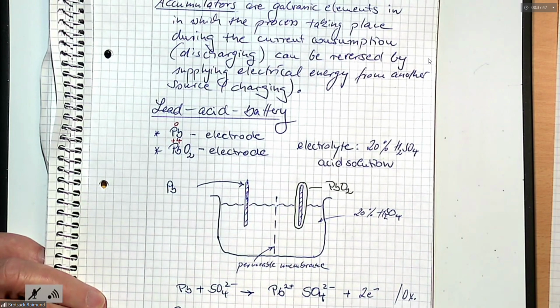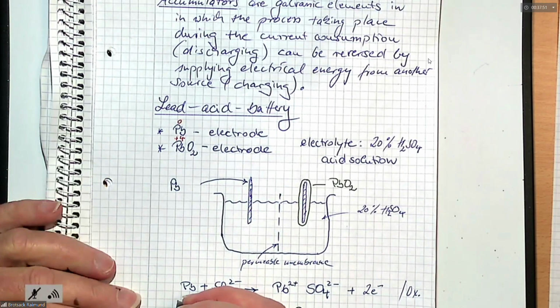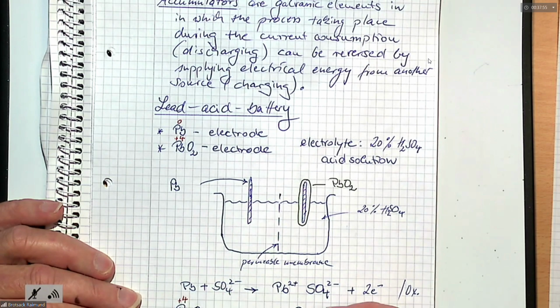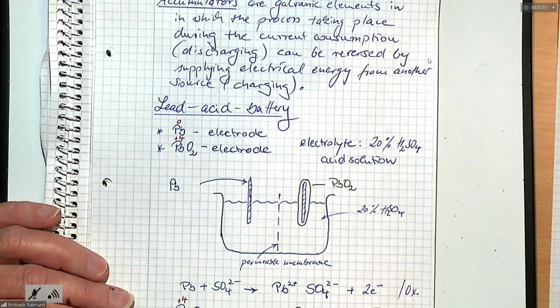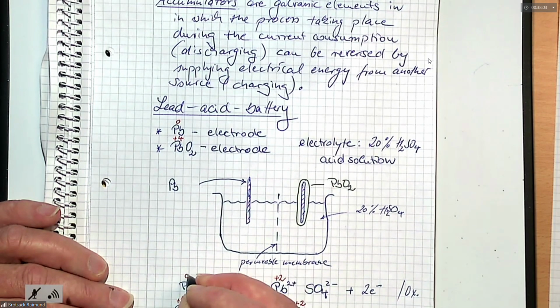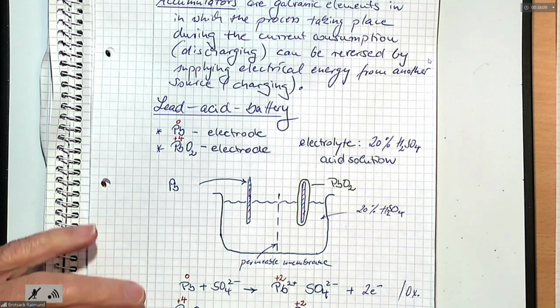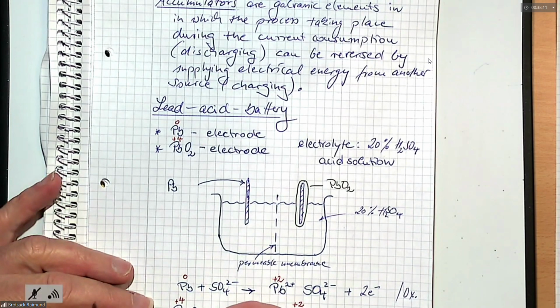We come here from +4, and here what's the oxidation number? It's +2. Here it is 0. We have here the uptake of 2 electrons.